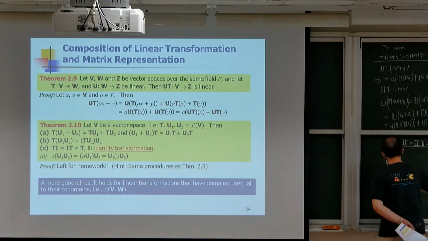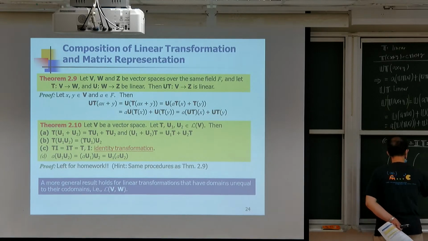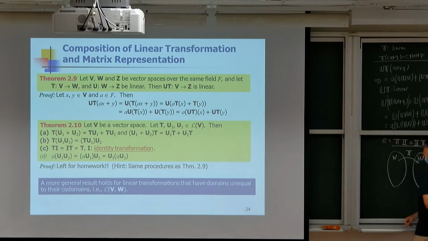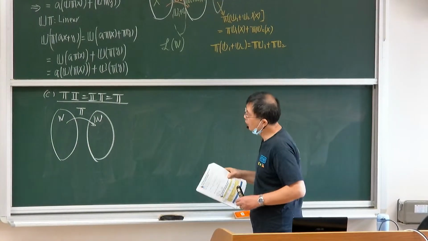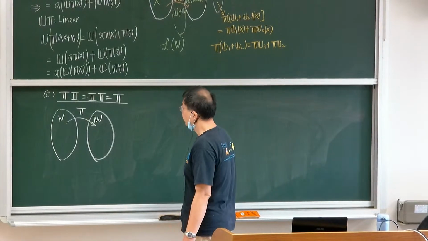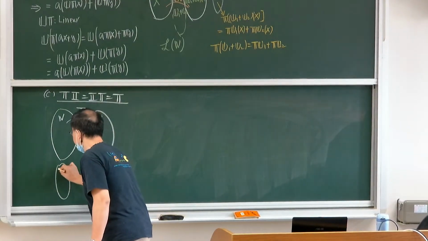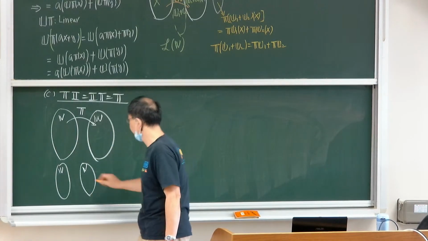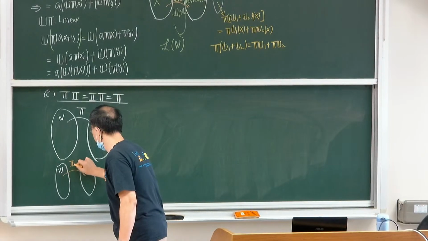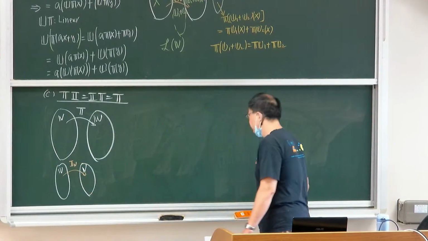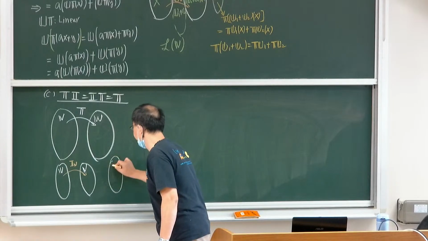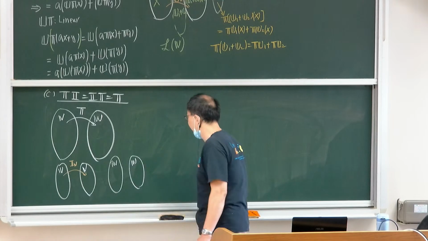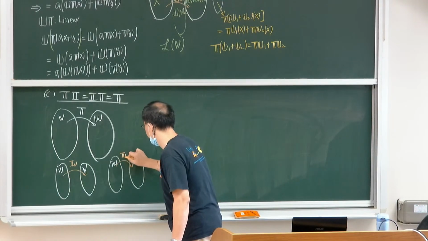So right now I have V to W, and a linear transformation T. Actually, we have an identity transformation from V to V, which we write as IV. We also have an identity transformation from W to W, which we call IW.